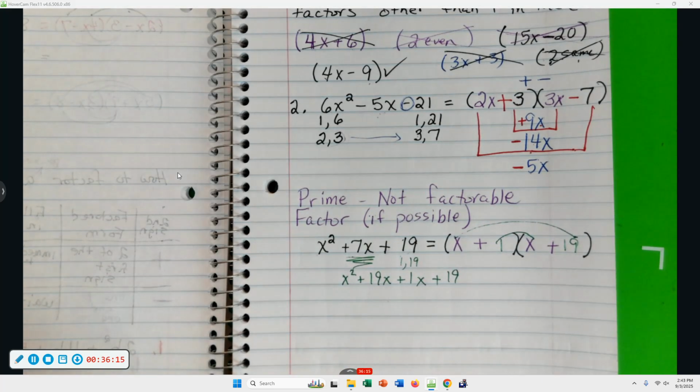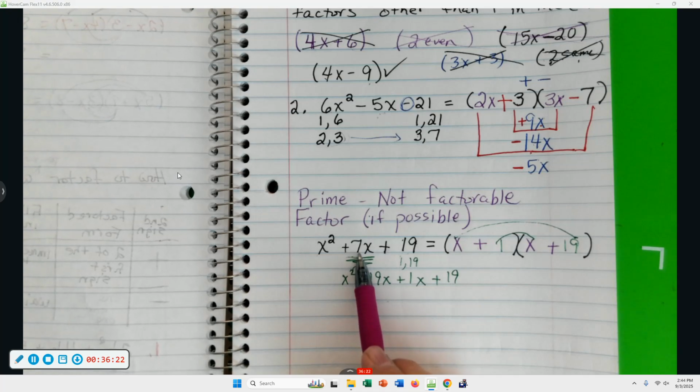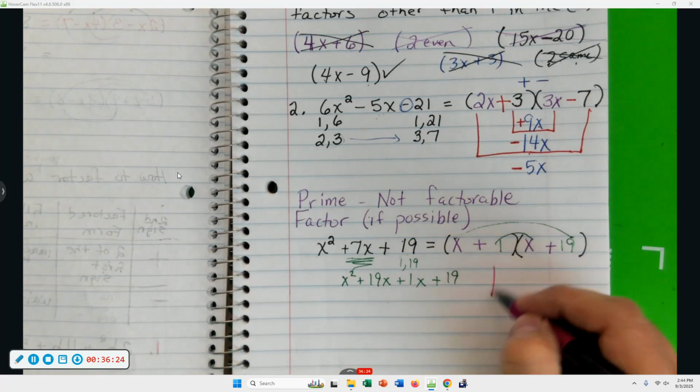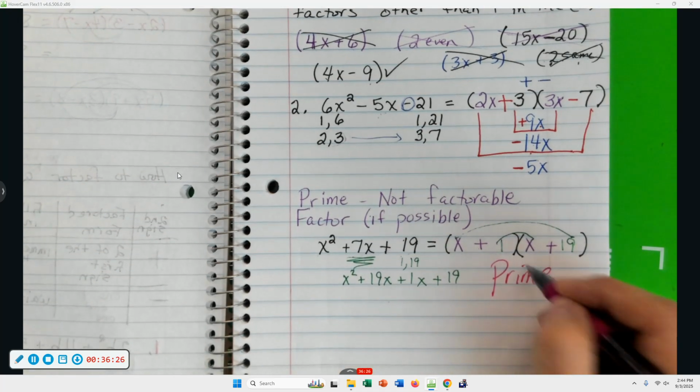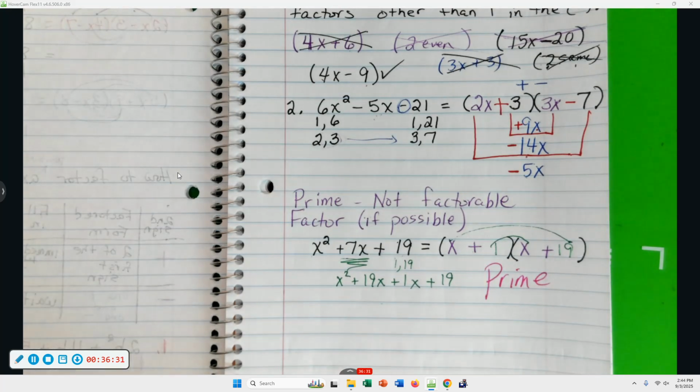Y'all follow that? Are my outer and inner terms combining to give the middle term? No. Prime, or not factorable. Sometimes it won't say prime, it'll just say not factorable. Okay?